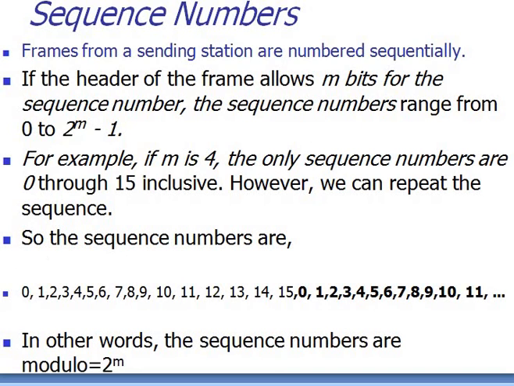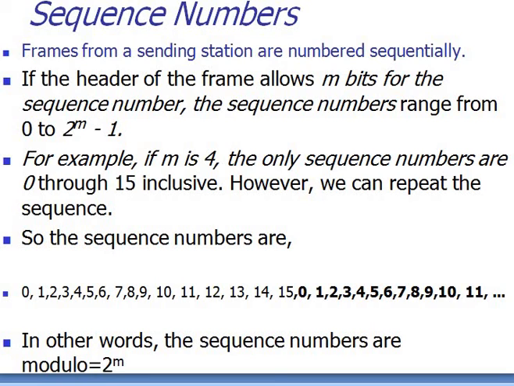In go back N automatic repeat request, we use sequence numbers also. Frames from a sending station are numbered sequentially. If the header of the frame allows m bits for the sequence number, then sequence numbers range from 0 to 2 raised to m minus 1. For example, if m is 4, we consider here an example number of bits as 4, the only sequence numbers are 0 to 15 inclusive.